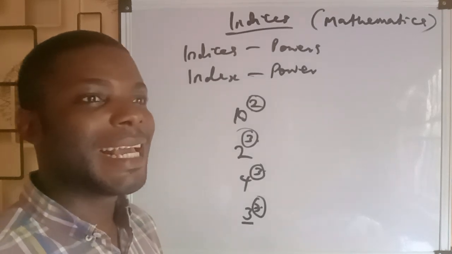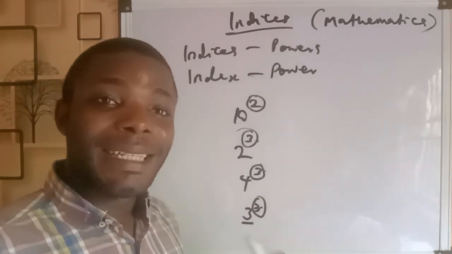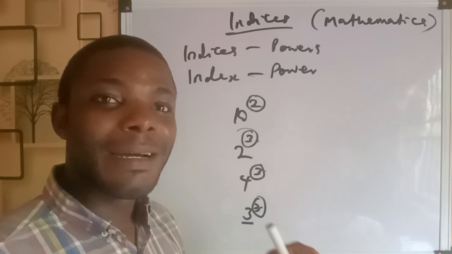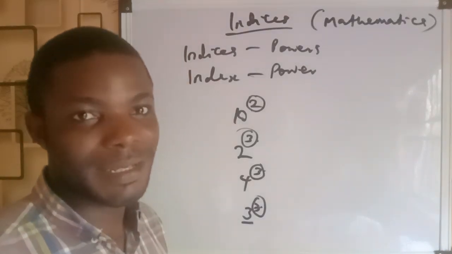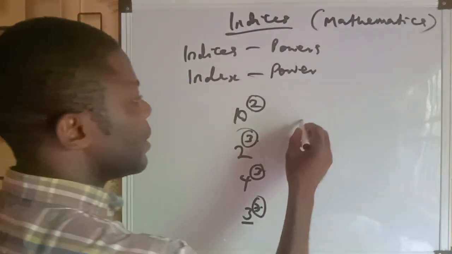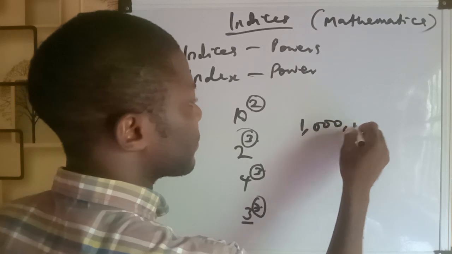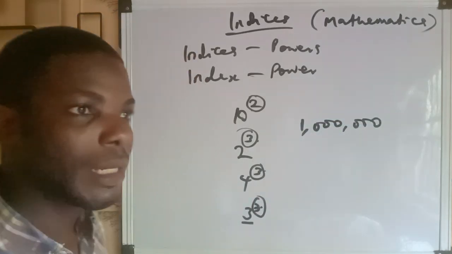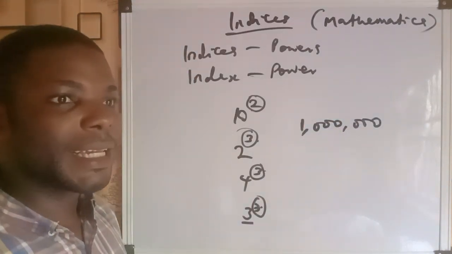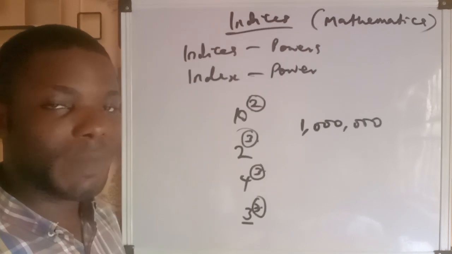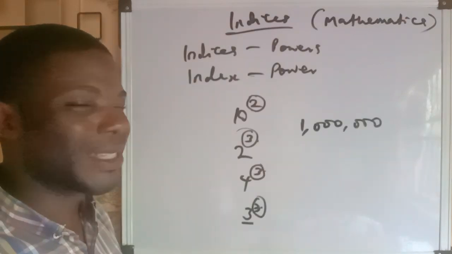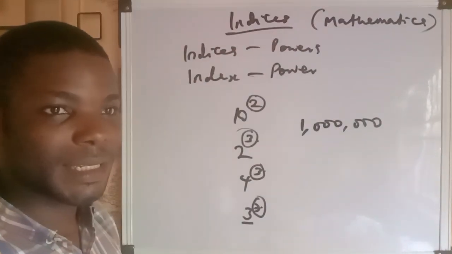One thing I love about indices is that it simplifies mathematical expressions. Take for example, you want to write 1 million, but you feel it is too long and going to take so much space.